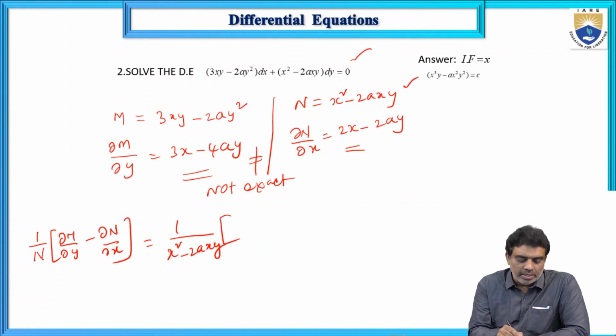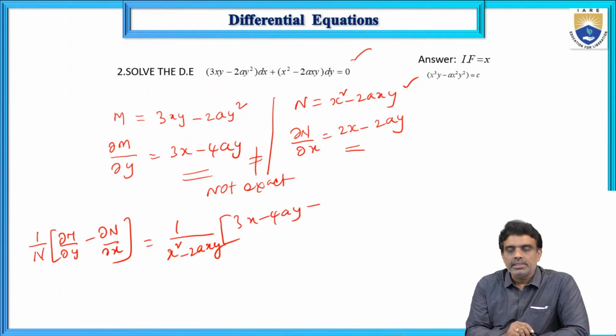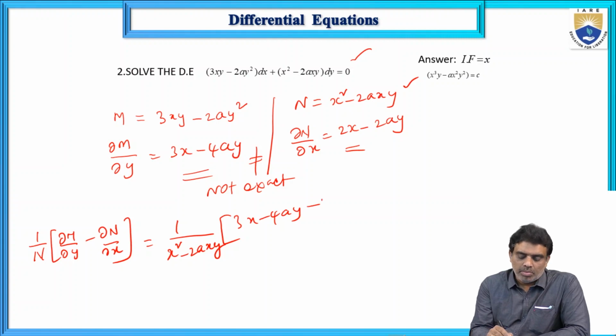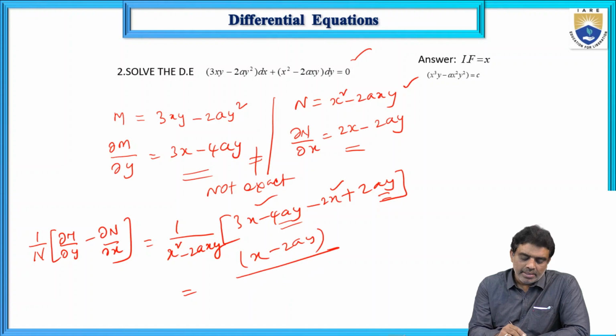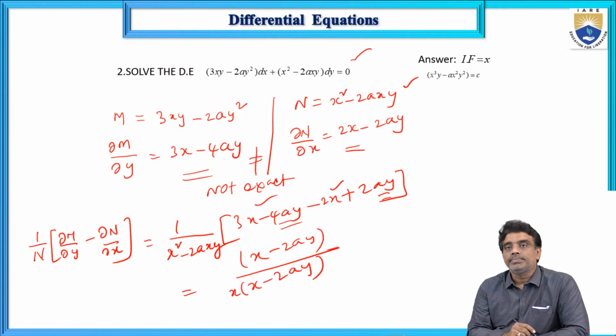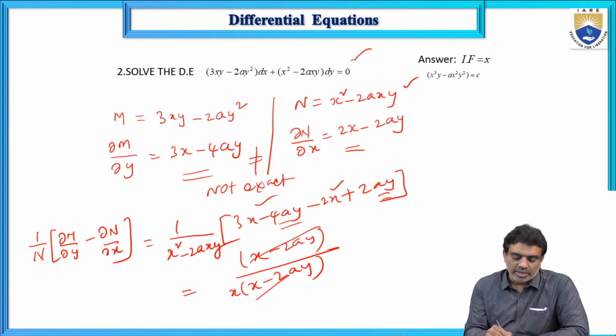This is ∂M/∂y, 3x − 4ay, minus ∂N/∂x, 2x − 2ay. So this is equal to, what you will get in the numerator: 3x − 2x is x, and −4ay + 2ay is −2ay. That is (x − 2ay) over, taking out x, you will get x(x − 2ay). So these two terms will get cancelled, and this is 1/x.